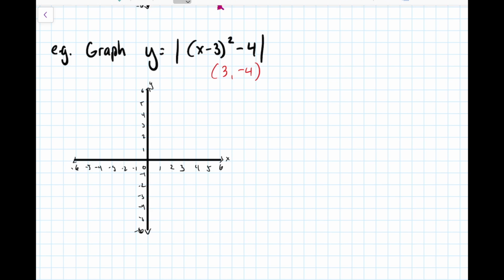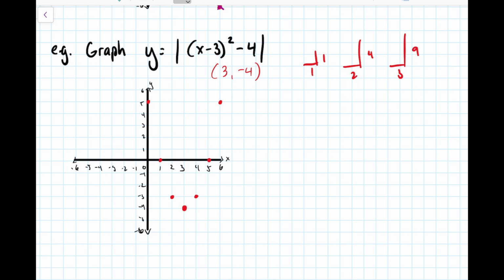Then we've got our pattern of 1, 1, 2, 4, and 3, 9. We don't have an a value here, so that pattern's not going to change. So we're going to go from those points over 1, up 1, over 2, up 4, and over 3, up 9. And remember, you need to have some points above and below the axis to really make this work.